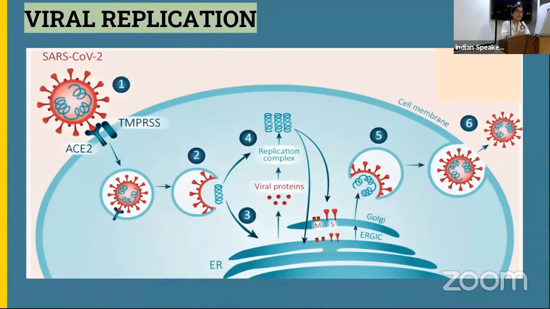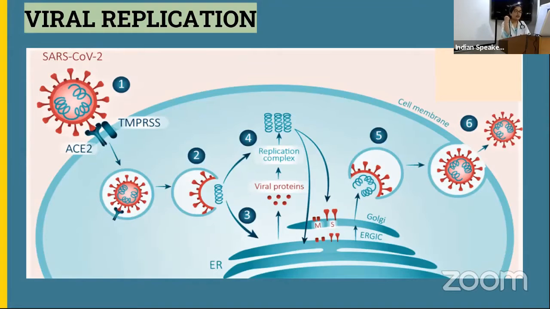The virus then enters the host cell, along with the ACE2 receptor, and undergoes disintegration to release the viral single-stranded RNA or ssRNA. The viral RNA then undergoes polymerization with the help of RNA-dependent RNA polymerase to give multiple copies of the original viral RNA strand.